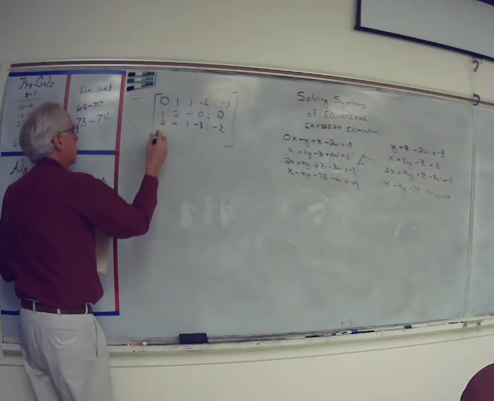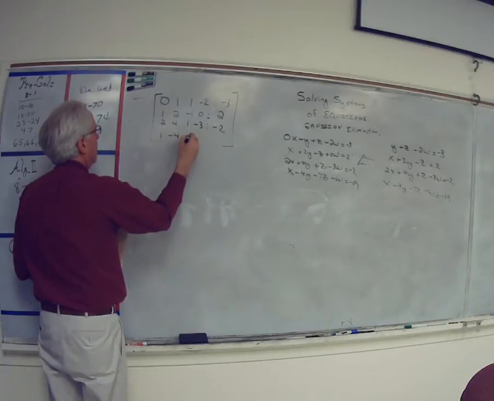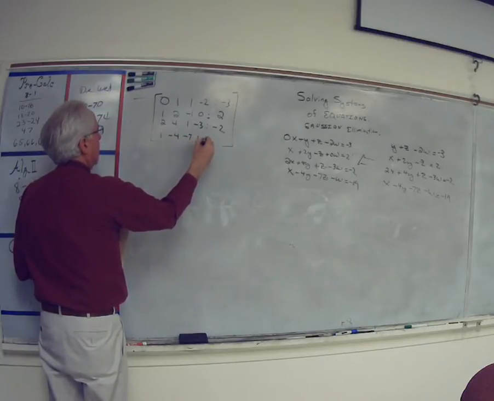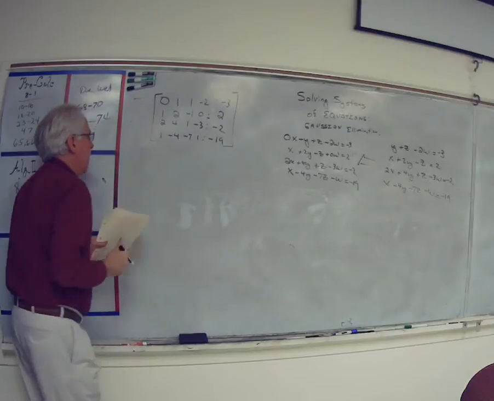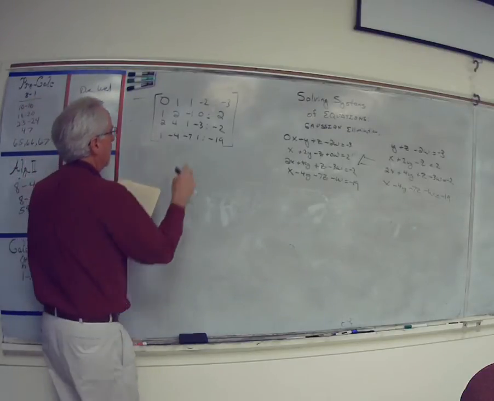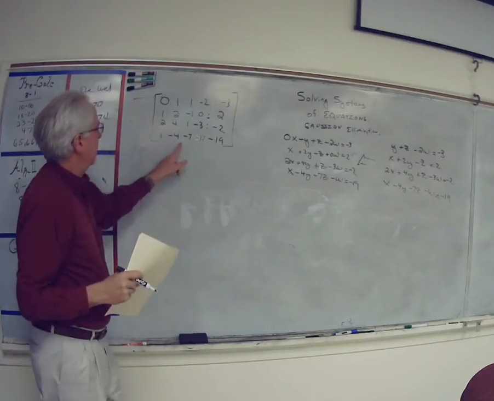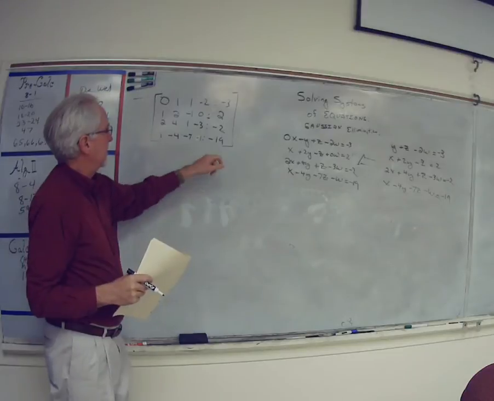And Catherine, the last one? 1, negative 4, negative 7, 1, negative 19. Oh, that is a negative 1. Okay, 1, negative 4, negative 7, negative 1, negative 19.